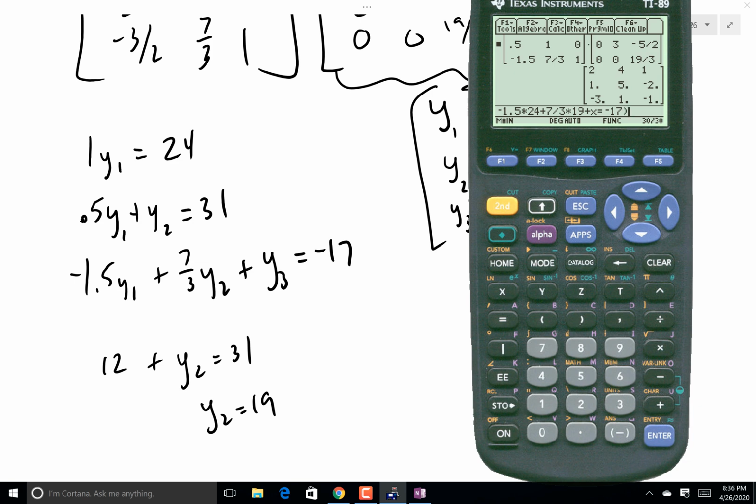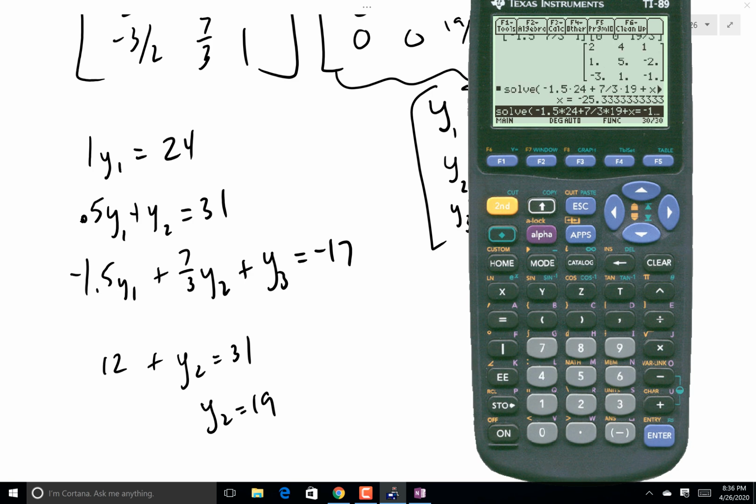It's too late in the day to do any algebra. Oops, sorry. Equals negative 17, right? So we're just going to go solve.